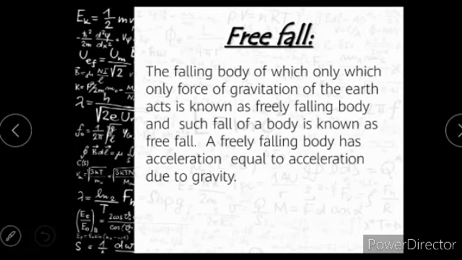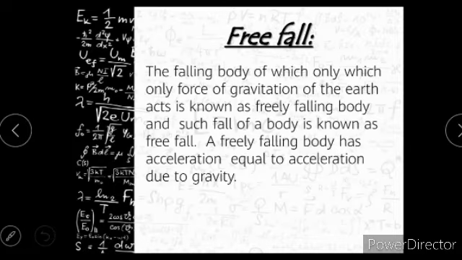That fall is known as free fall. Without any other force, if you leave anything from a height and it goes towards the earth, this fall is known as free fall, and the acceleration attained by the object is the acceleration due to gravity.